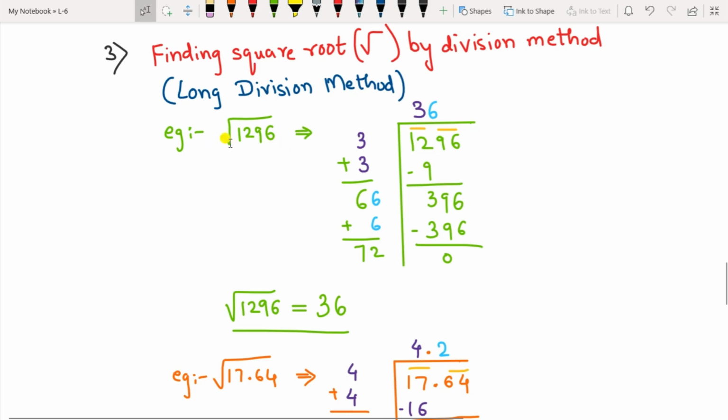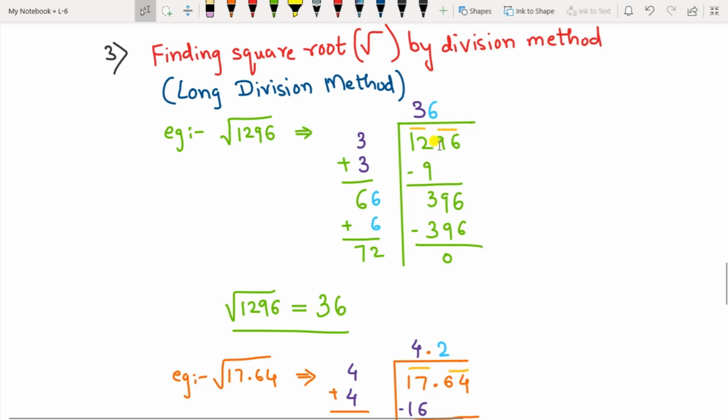Write this pattern of division and then write the number 1296 here. Now from the right hand side, make pairs: this one and this one, like this. You have to take two digits at a time and mark them from the right hand side. Now in this one we have to use only the square tables.